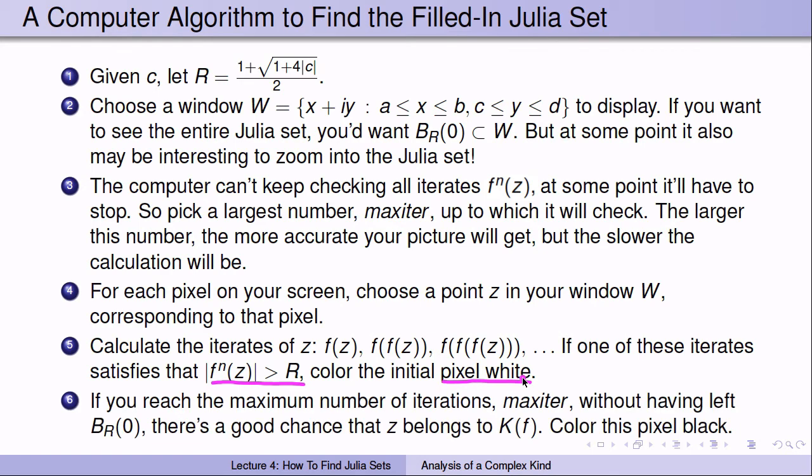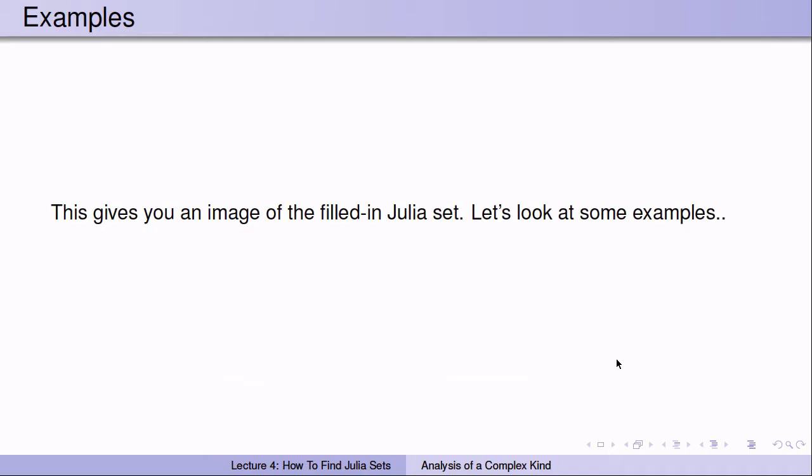If you reach the maximum number of iterations, max iter, without having left this ball of radius r, there's a really good chance that this point z belongs to the filled-in Julia set. It's not entirely clear, and so the larger you choose max iter, the more certain you will be that this point belongs to the filled-in Julia set. So color this pixel black. That corresponds to that point. This gives you an image of the filled-in Julia set.